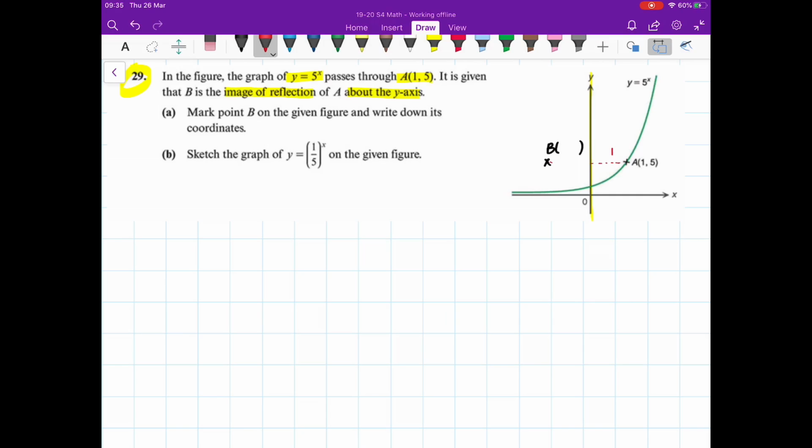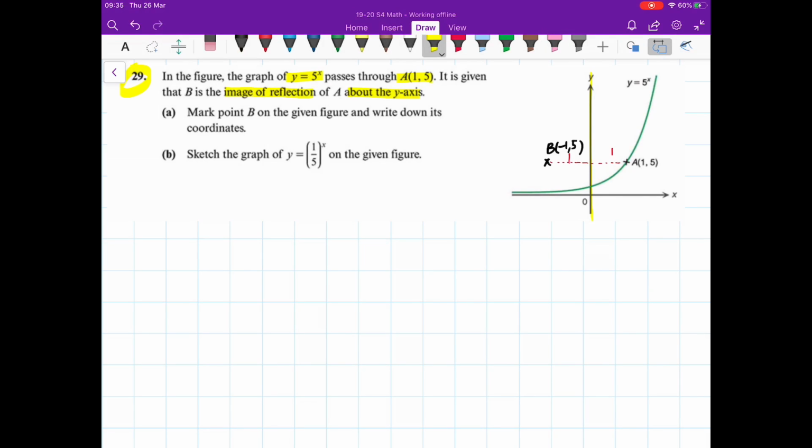Similarly, the distance between point B and the y-axis will also be 1. As point B is on the negative x side, the coordinates will be (-1, 5).